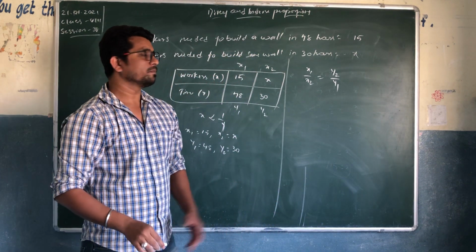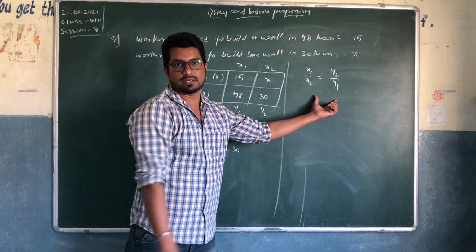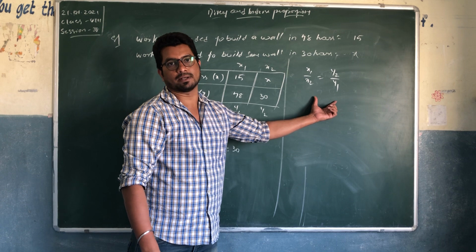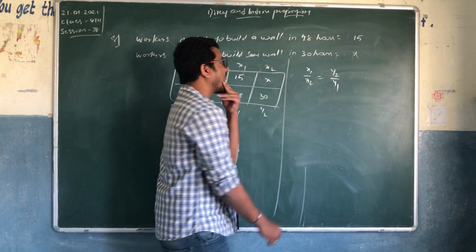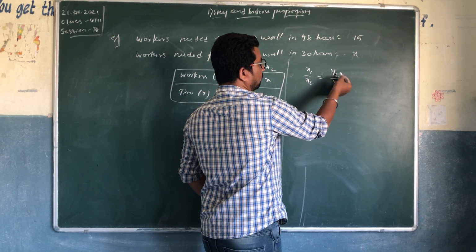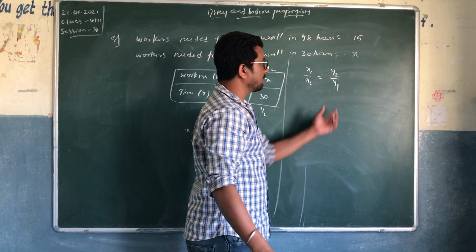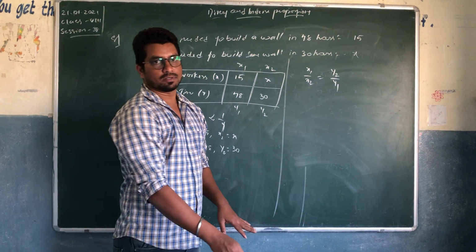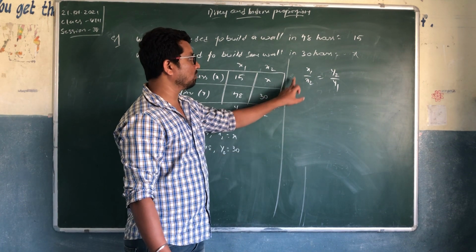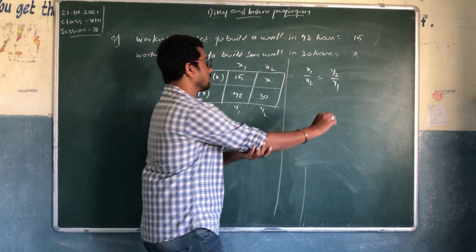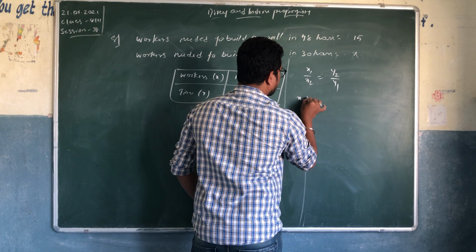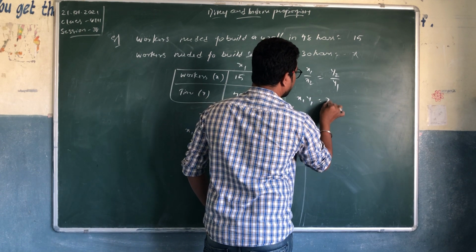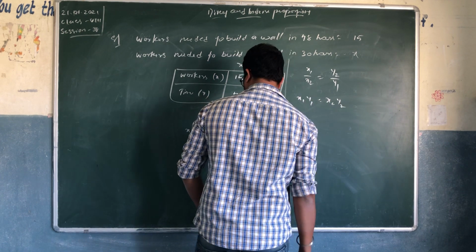Remember, I am telling you, this is very, very important. If you write Y1 in the numerator and Y2 in the denominator, you will definitely get the wrong answer. It should be 1, 2, 2, 1. Okay? Now, X1 Y1 is equal to X2 Y2.